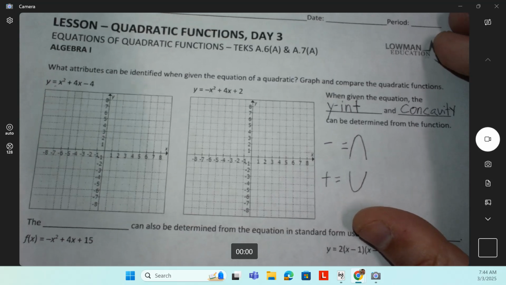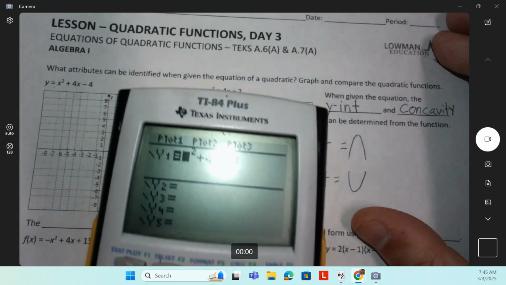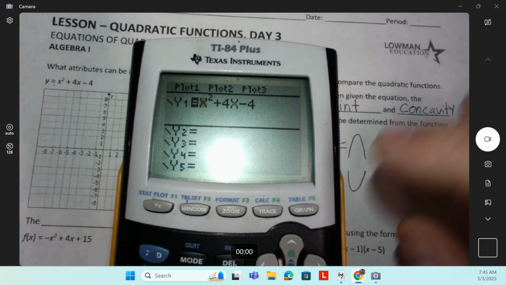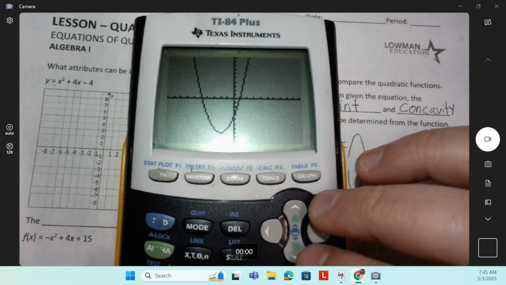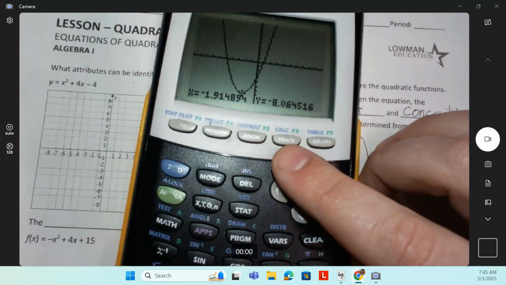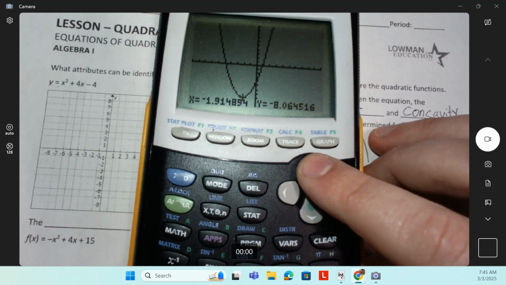So let's graph these. And to do that, I'm just putting them into the calculator. So I'm using the TI-84 today. I've got my first equation in there. And so when I look at the graph, I'm just giving you approximate, that's about at negative 2, negative 8.